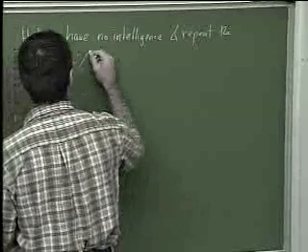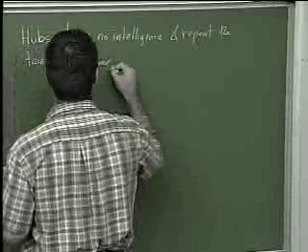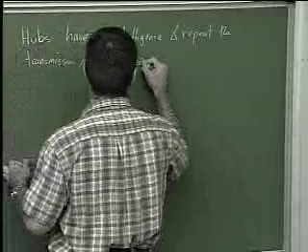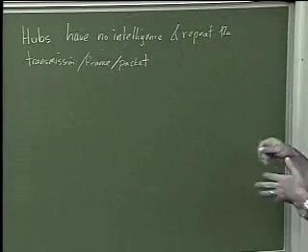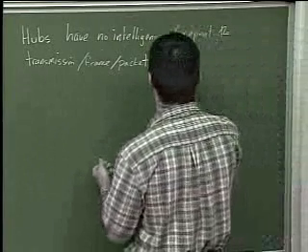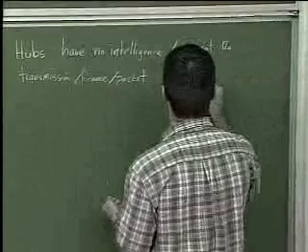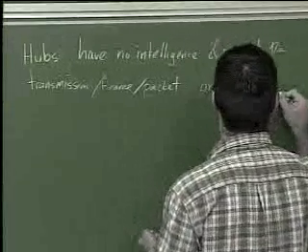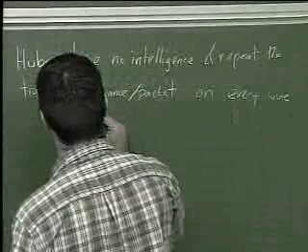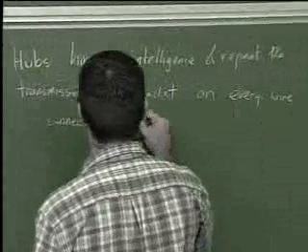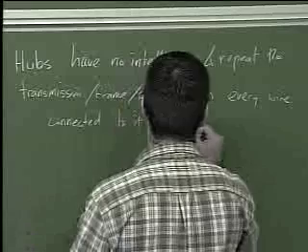So transmission, frame, packet, really all the same thing. Hubs are going to repeat the transmission on every wire connected to them, except the wire the transmission came in on.